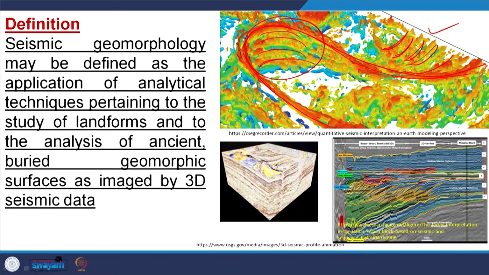The question arises, if this fluvial process is there, when it was working and how it is preserved. Now, you see, this is simply a slice from a 3D surface or the 3D cube, and within a particular time slice, we have made it available in 2D form.